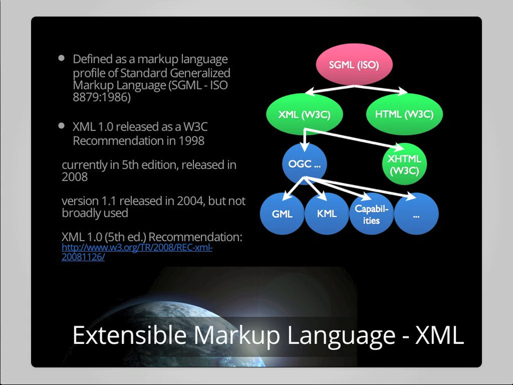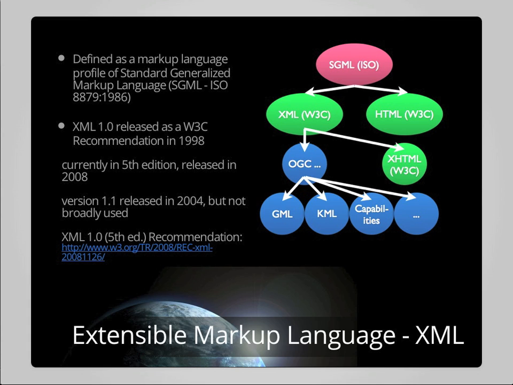So let's start with Extensible Markup Language, or XML. You have already been working with one variation of a markup language in your work with Hypertext Markup Language, or HTML, which is derived from SGML, or Standard Generalized Markup Language.